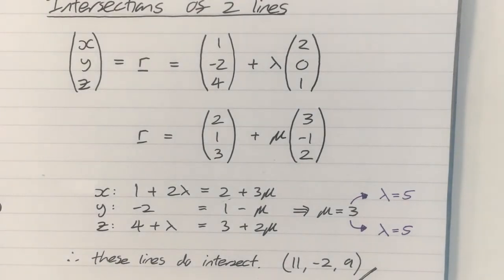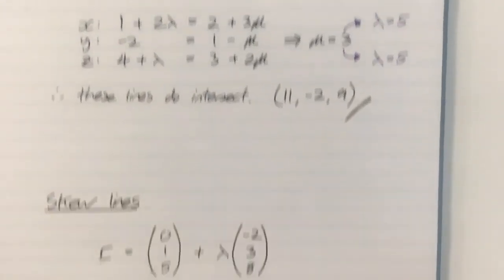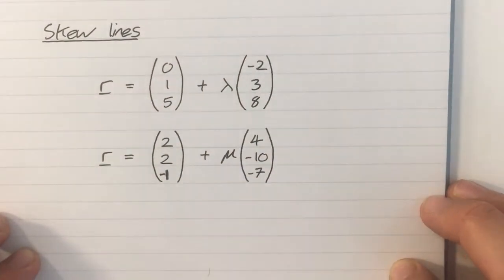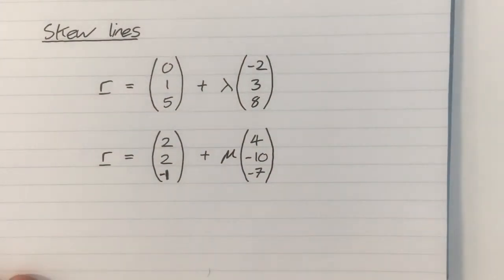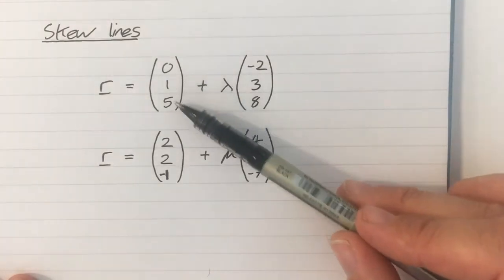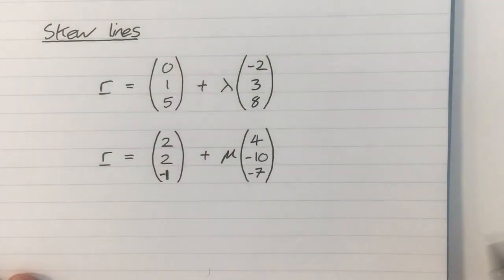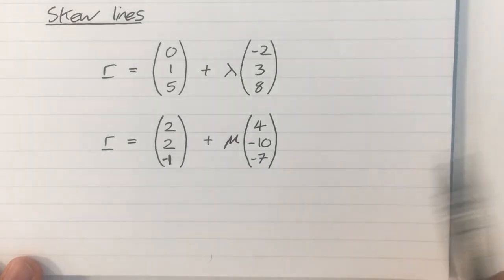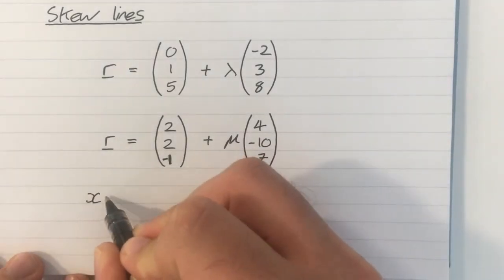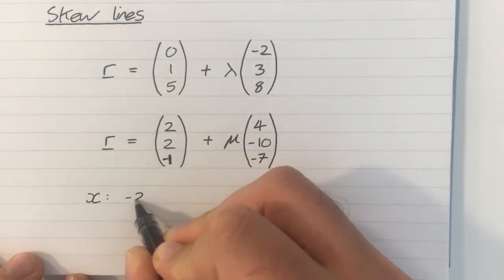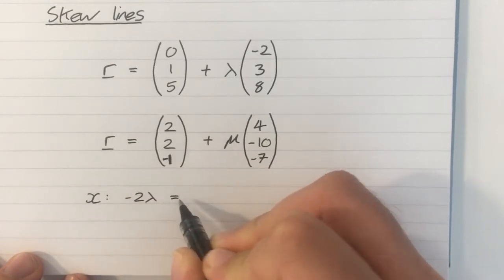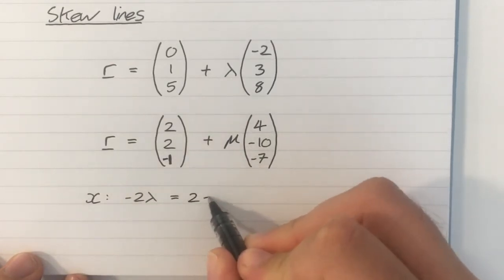If two lines don't intersect, they are referred to as skew lines. So these are skew. So we've got, again, two equations of different lines, and we're going to do exactly the same. In the x direction, we're going to have minus 2 lambda is equal to 2 plus 4 mu.